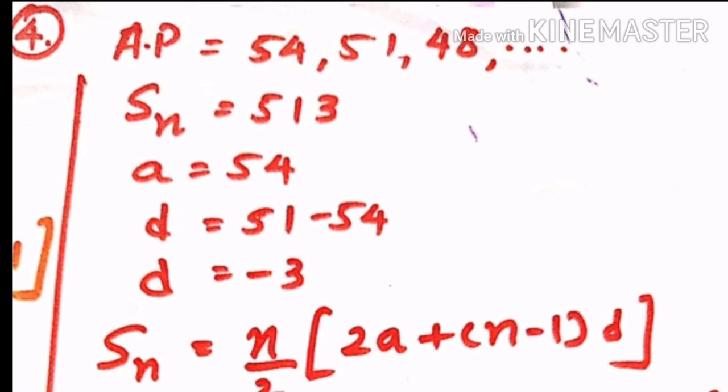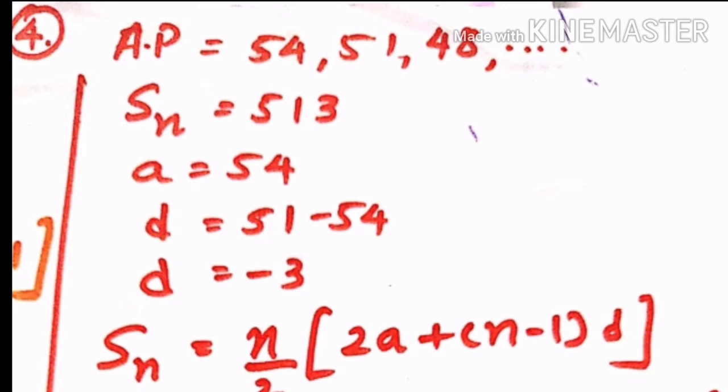Now question number 4, how many terms of the AP 54, 51, 48 and so on, that is our AP, should be taken so that their sum is 513. So sum is given, Sn is equal to 513. We write from the AP our first term a is equal to 54, common difference d is equal to 51 minus 54, that is minus 3.